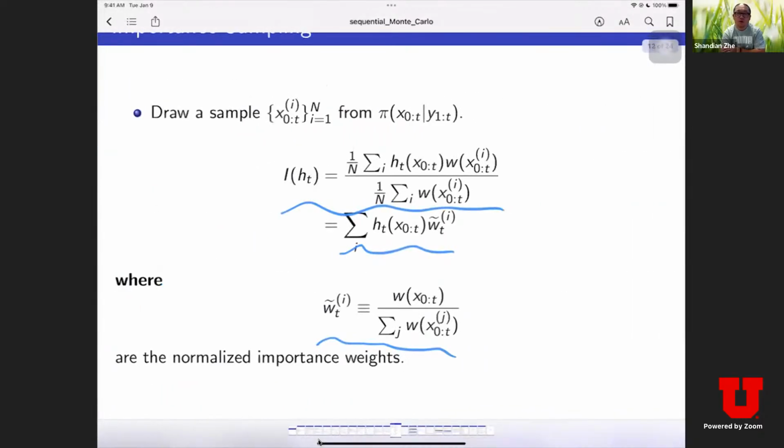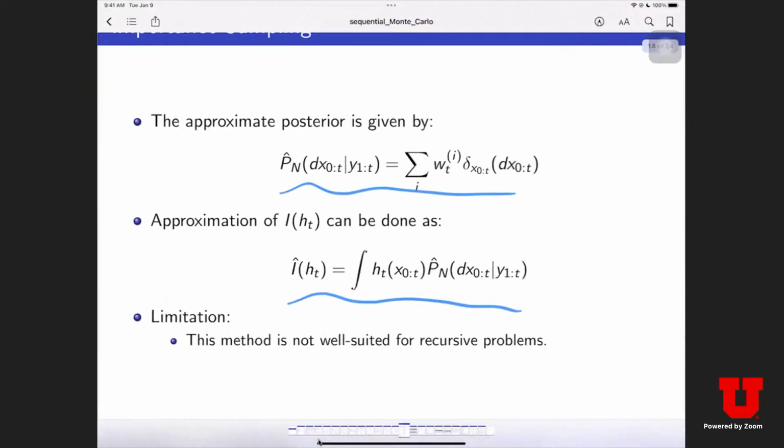So if we look at this equation, I(h_t) equals h_t(x_0:t) times W tilde_t. So x_0:t can be viewed as a set of particles, and you can view it as another integral with weighted particles, whose weights are the W tilde_t. So you use pi to generate a bunch of particles, then you evaluate the weights accordingly.